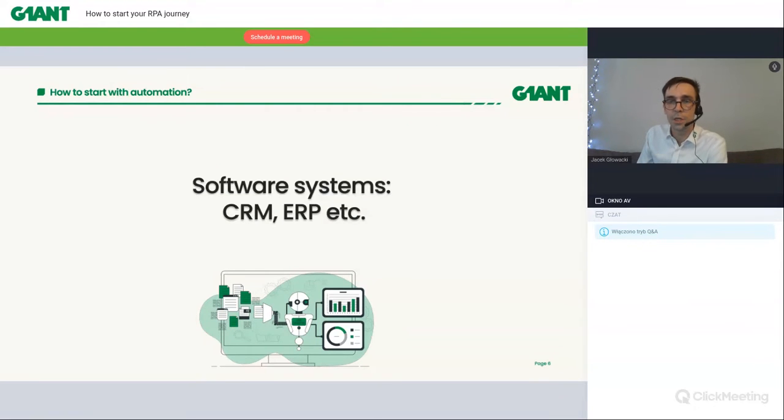We can also automate any kind of web browser, Internet Explorer or Edge or Firefox or Google Chrome. All of those are easy for us to automate, and so are all the SaaS systems using browsers.